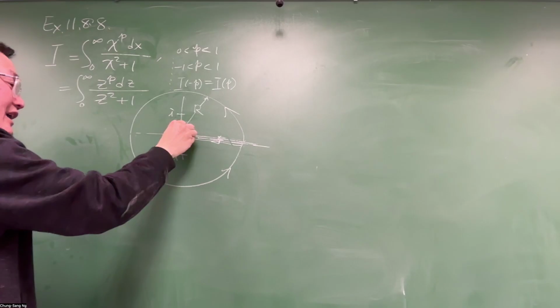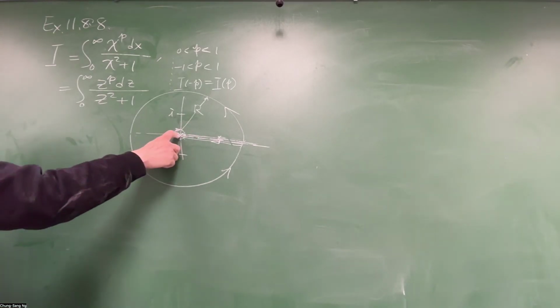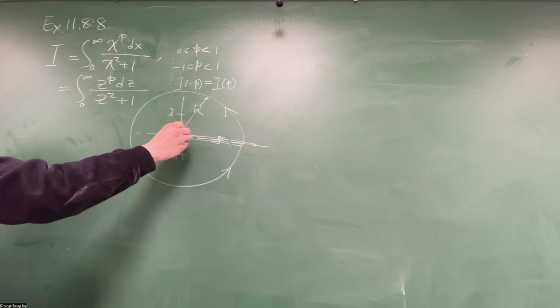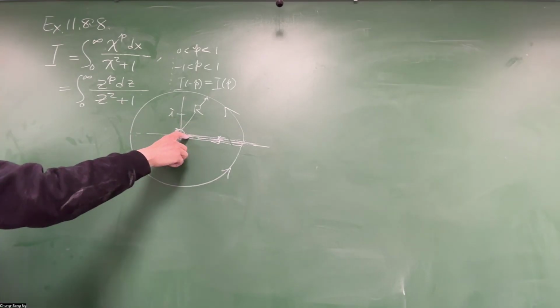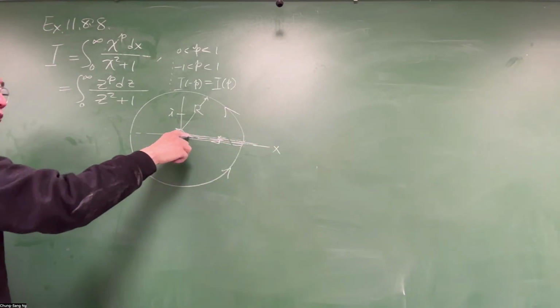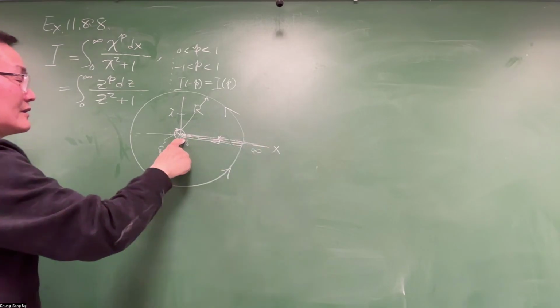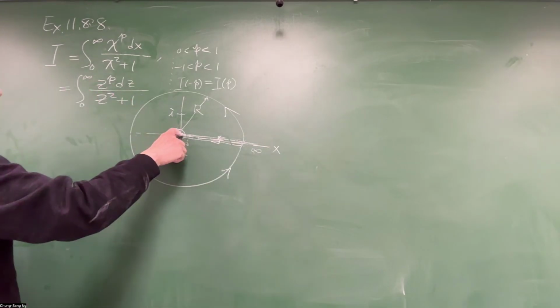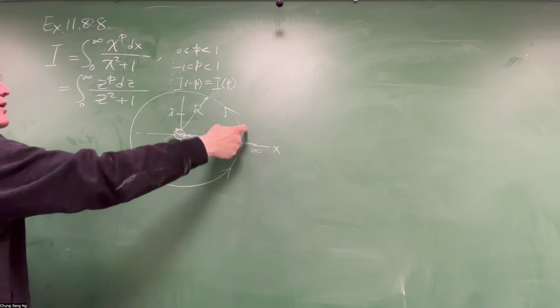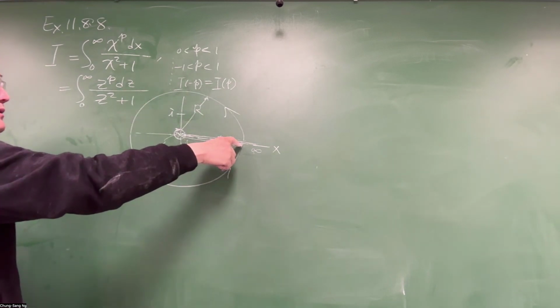So we are going slightly off 0, slightly above 0 along x here. So we actually start from 0 to delta to infinity, right? The first one is from delta to infinity, with theta from 0 to 2 pi.